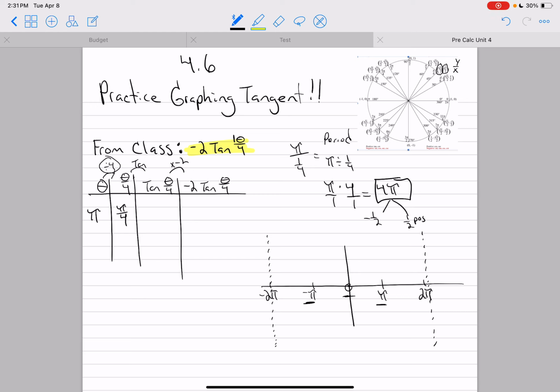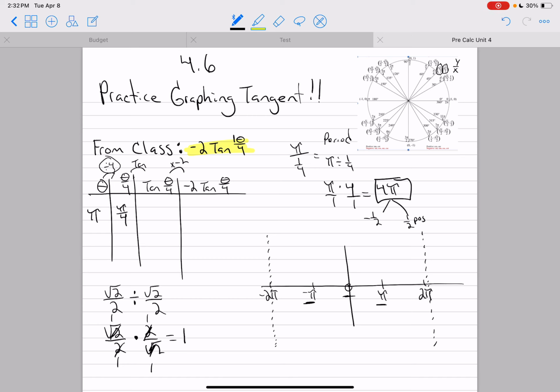Tangent of pi over 4 is root 2 over 2 over root 2 over 2. And how do I divide fractions? I multiply by the reciprocal. So this is root 2 over 2 times 2 over root 2. These cancel and become 1s. These cancel and become 1s. I end up with 1.